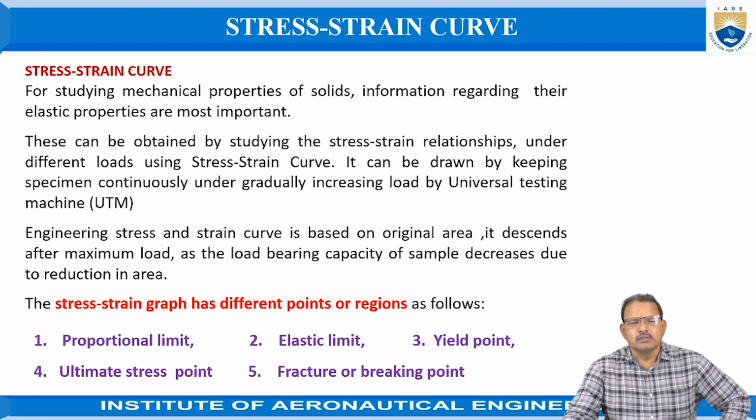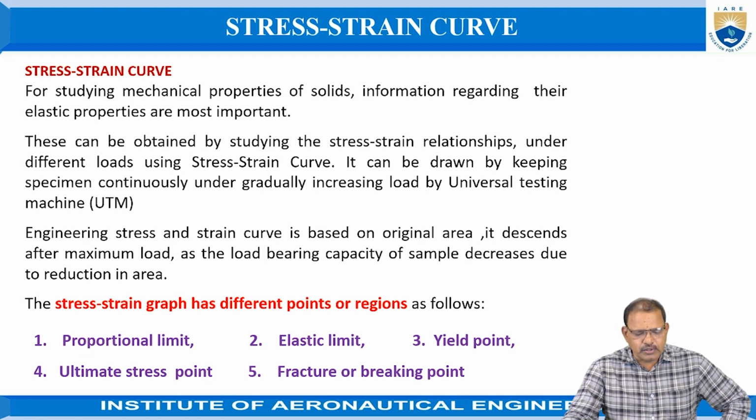Sometimes, instead of drawing engineering stress strain curves, true stress strain curves are also used to study the mechanical properties of solids. In this case, stress is treated as the ratio of force applied to the cross section, but here the cross section is taken at every instant.